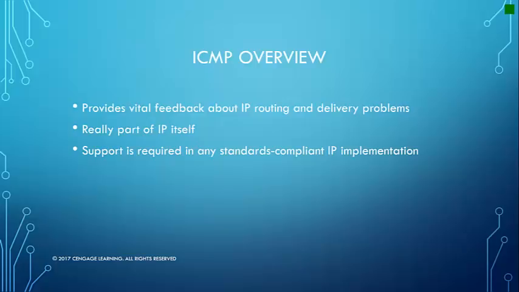ICMP provides vital feedback about IP routing and delivery problems. ICMP also provides important IP diagnostics and control capabilities that include reachability analysis, congestion management, route optimization, and timeout error reports.